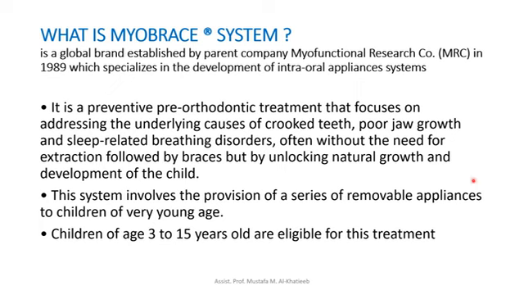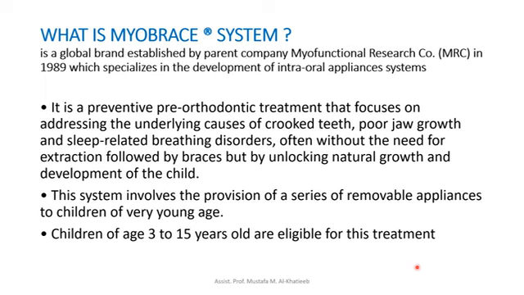It is a preventive pre-orthodontic treatment that focuses on addressing the underlying causes of crooked teeth, poor jaw growth, and sleep-related breathing disorders, often without the need for extraction followed by braces, but by unlocking natural growth and development of the child.